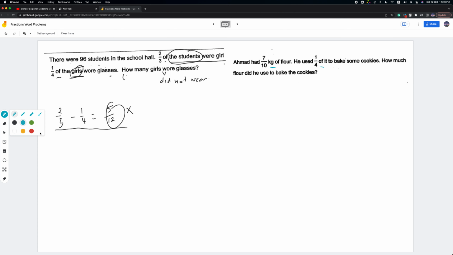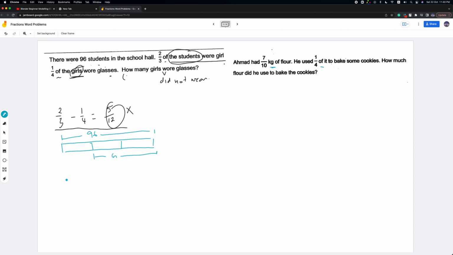So we first find out how many girls there are. 2/3 of the students are girls. So this 2/3 here, they are girls. Just label G there for girls, and everything here is 96.